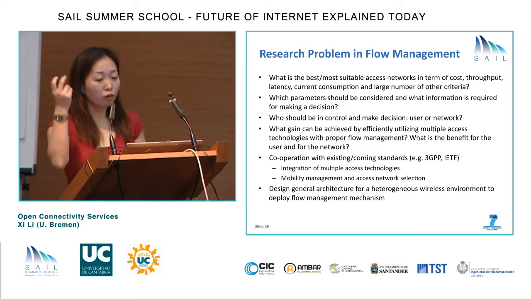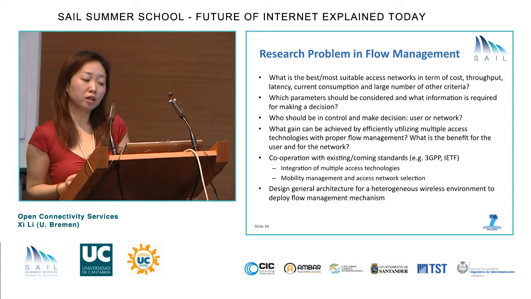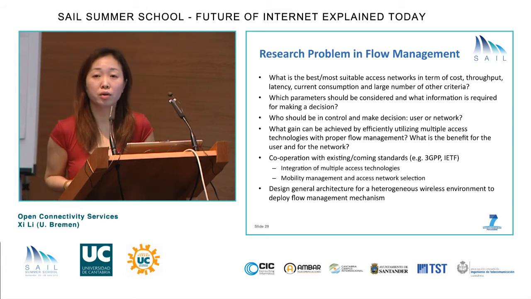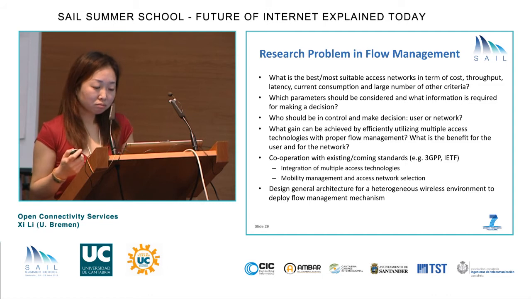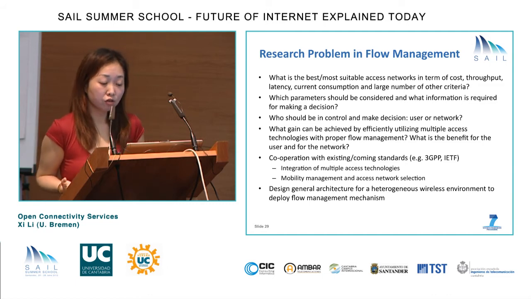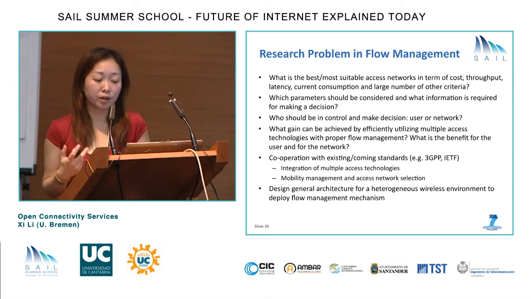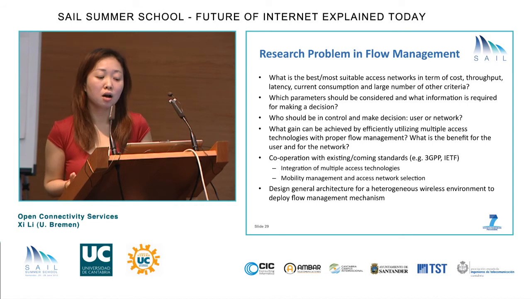When we implement the flow management, we first need to think about what kind of research problems we are dealing with. Since flow management is considered a problem of network selection and flow distribution, firstly we have to think about the criteria to choose the most suitable access networks.